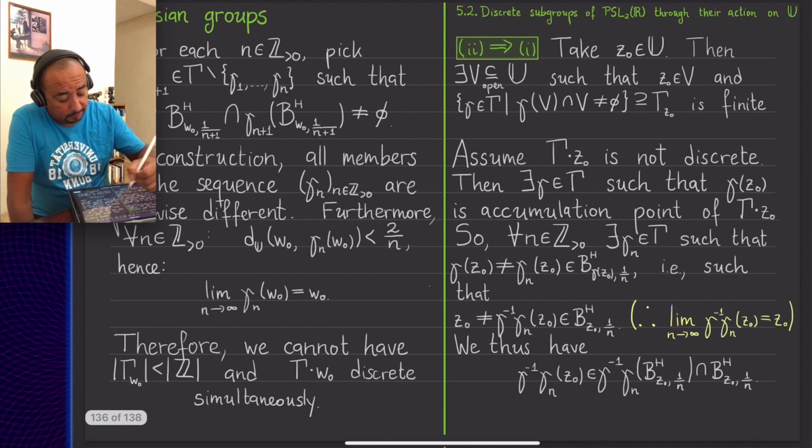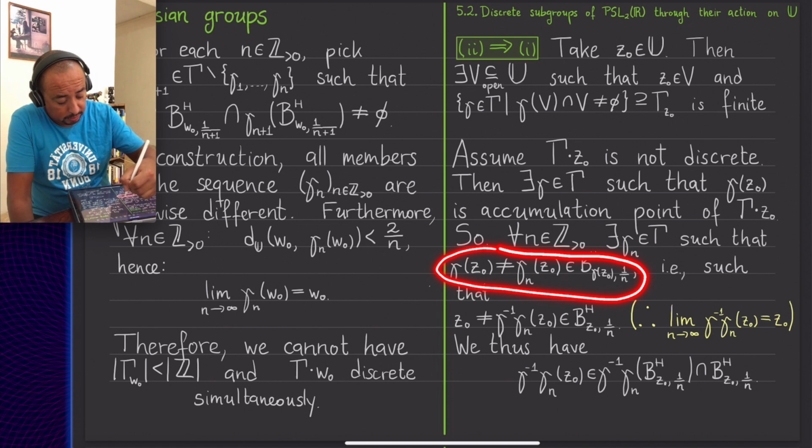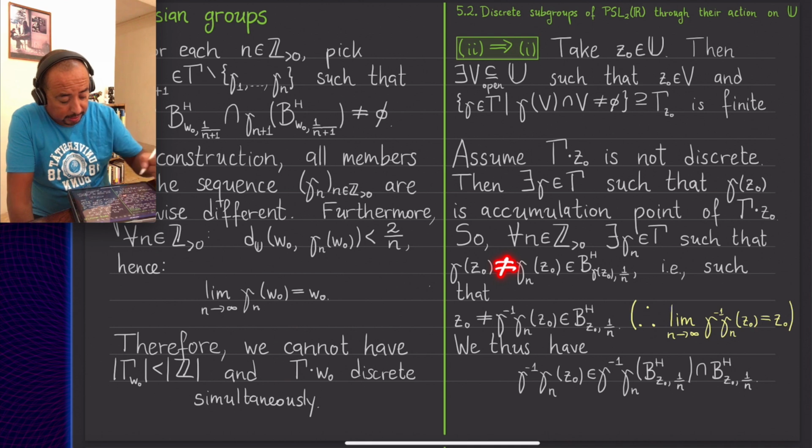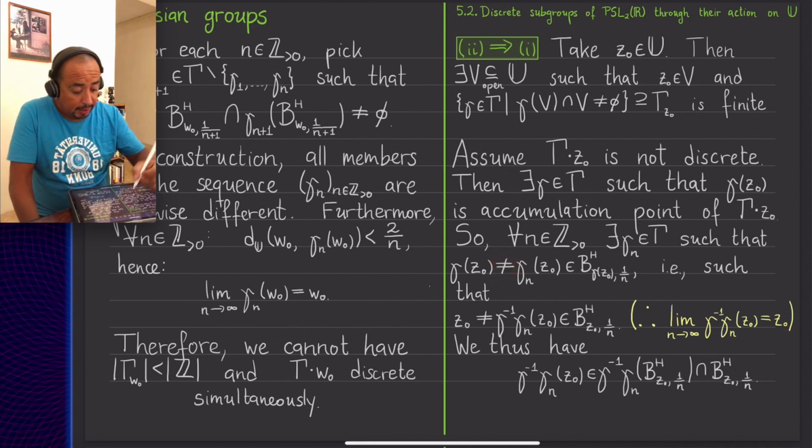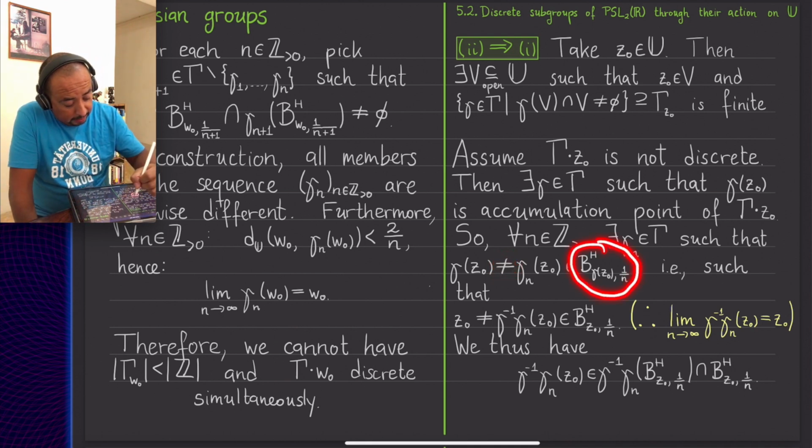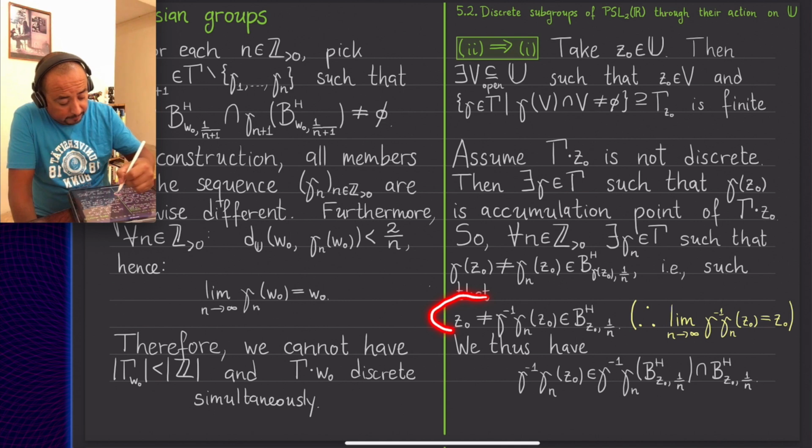Okay, but once we have this, in this condition, I can apply gamma inverse, and when I apply gamma inverse, this inequality is preserved, and here you can erase this, right? And this is preserved. So when I apply gamma inverse, I obtain this, right?